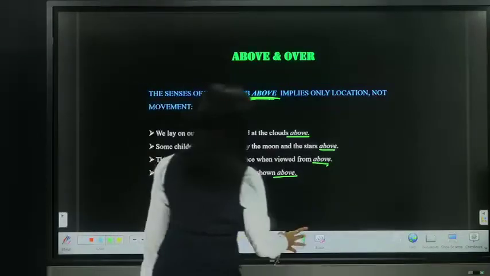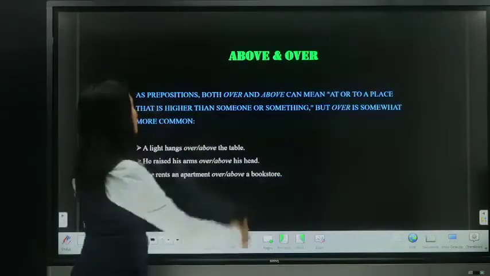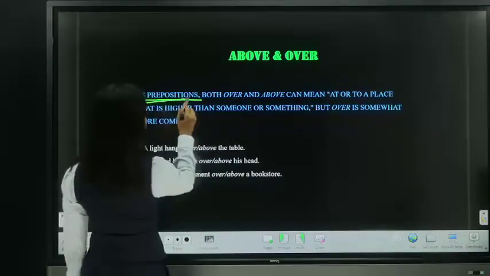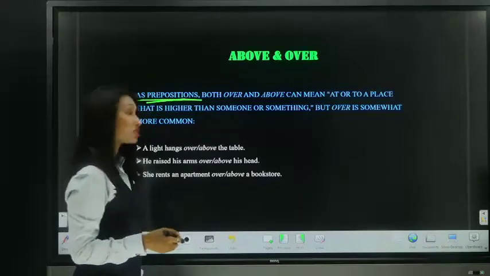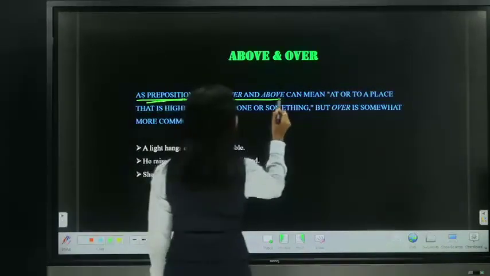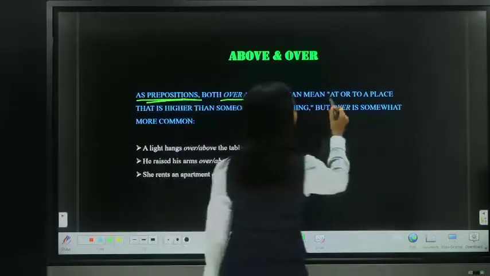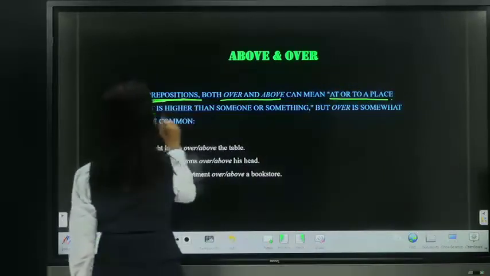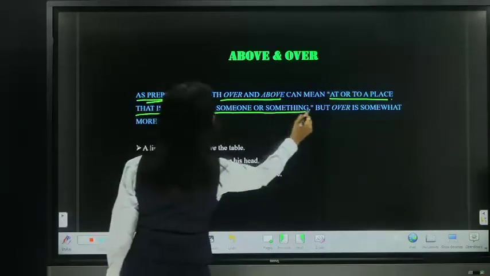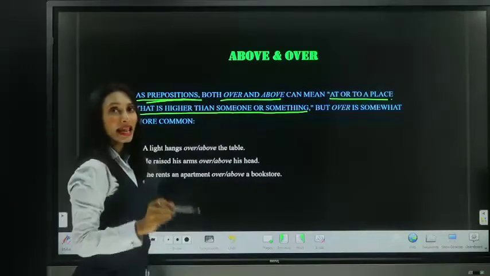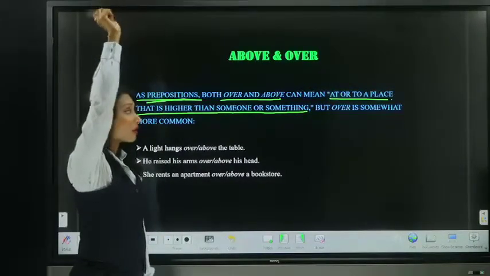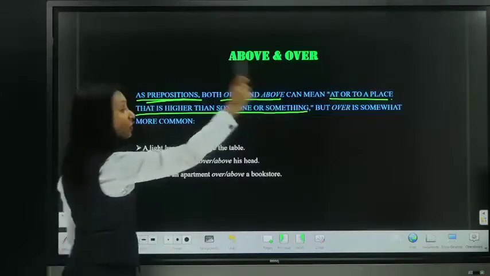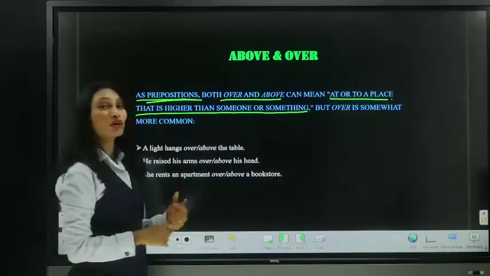Now look at the next one, third usage. See, so far we have seen them as adverbs. Now as prepositions, both over and above can mean at or to a place that is higher than someone or something. But again, over is somewhat more common.